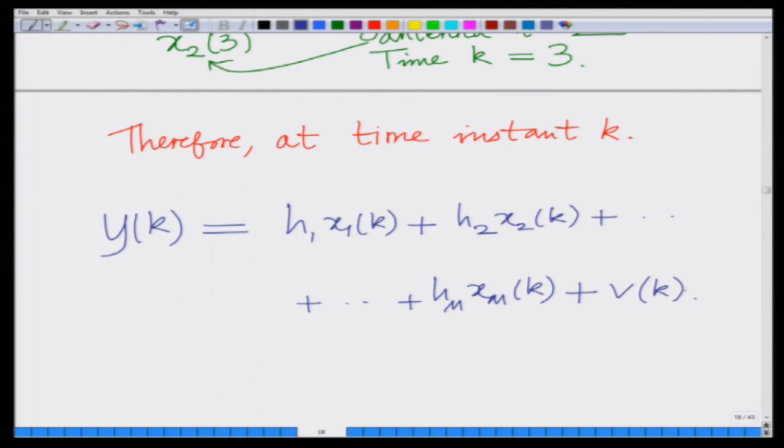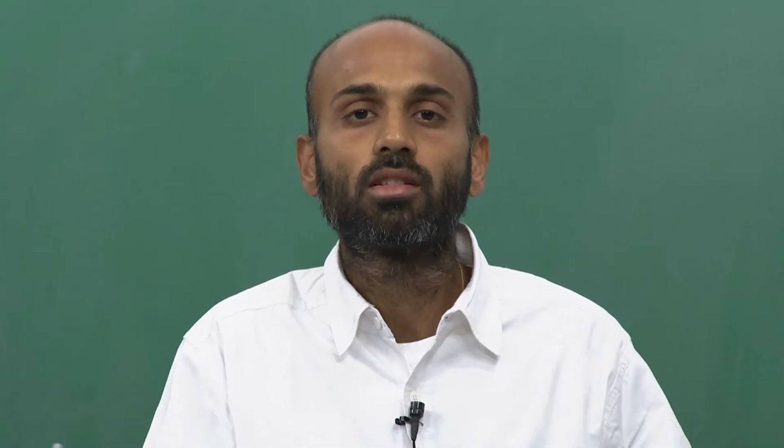Let me explain this. yk is the observed symbol at the time instant k, vk is the corresponding noise sample at time instant k. These two things are simple.